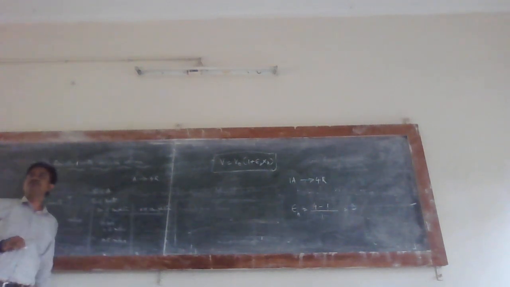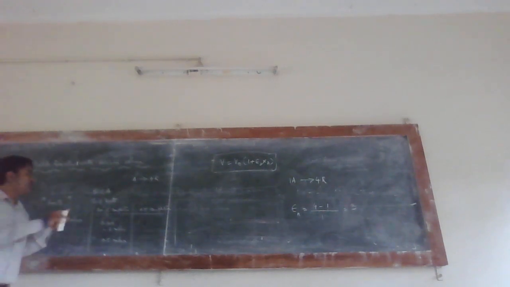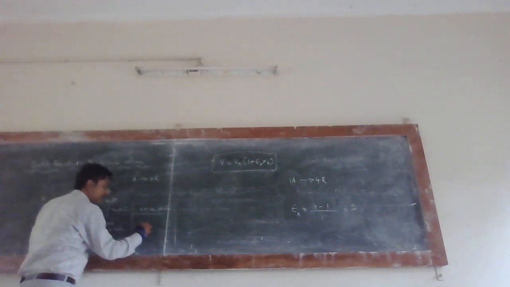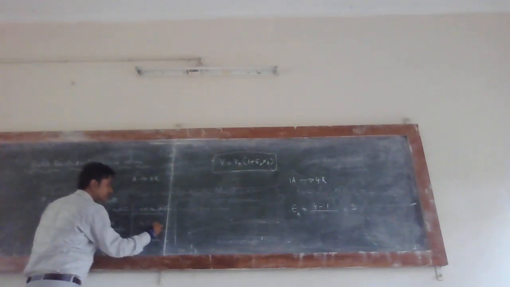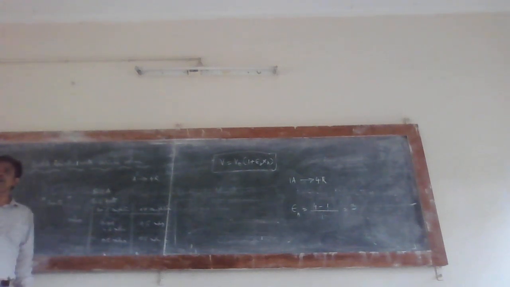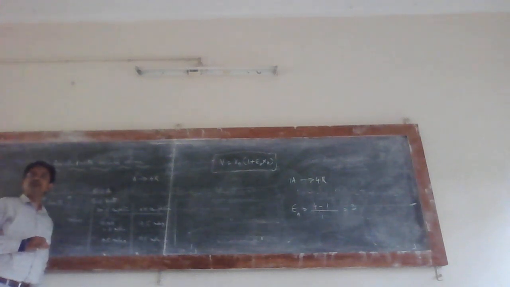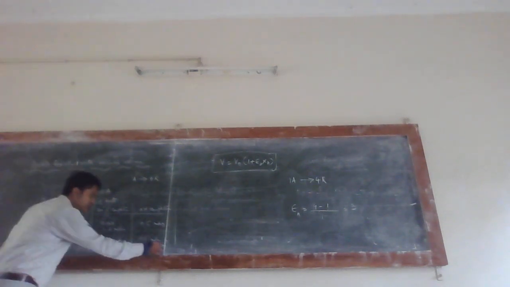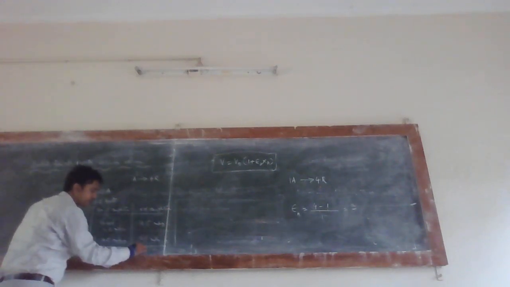Conversion zero means it will be as it is only, they won't convert at all. 50% and the fraction of, in this case which is 2.5, in this case which is 1.